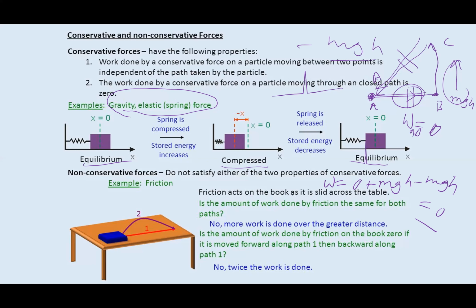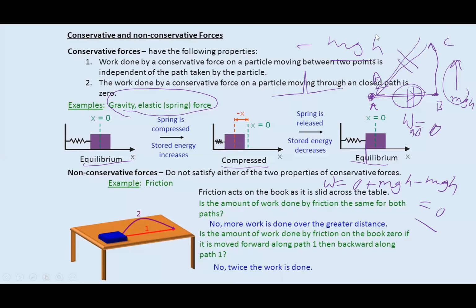Friction acts on the book as it slides across the table. Is the amount of work done by friction the same for both paths?